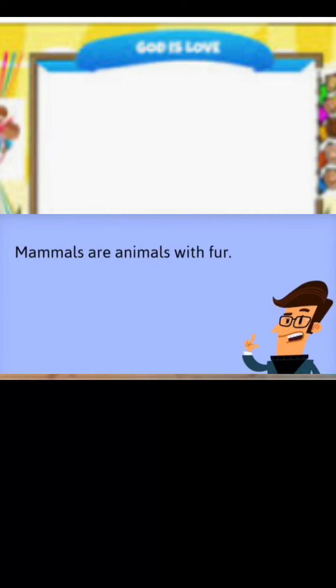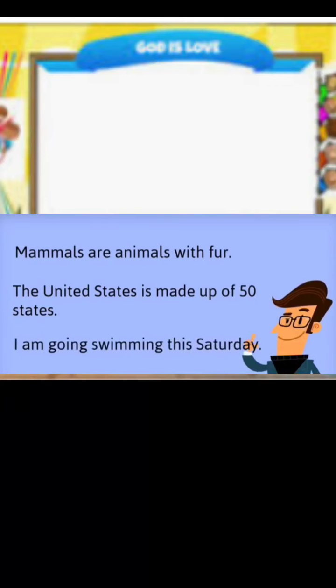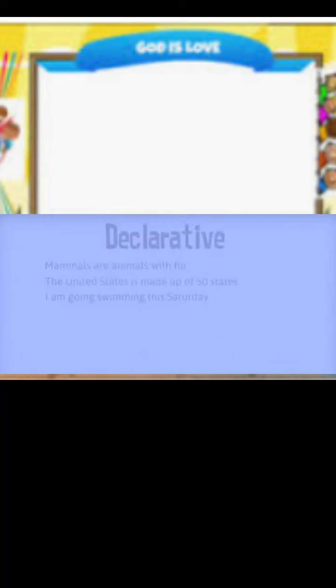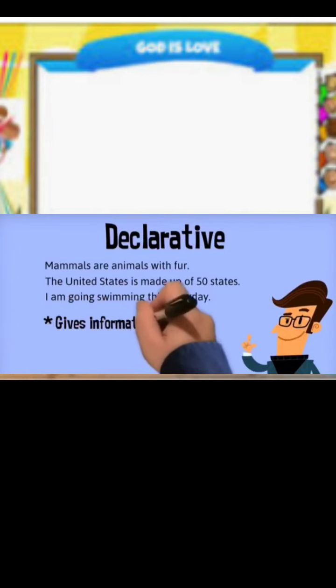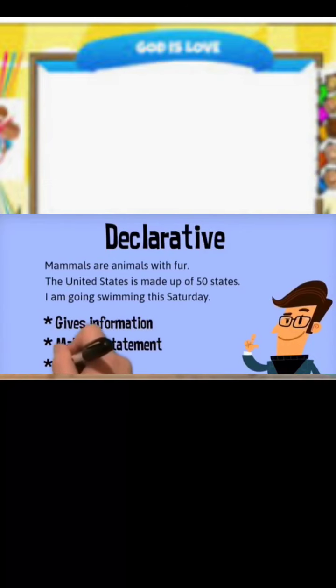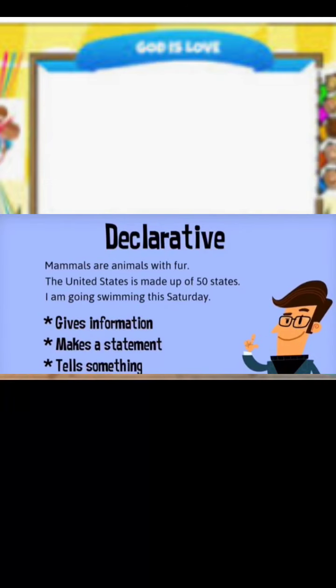Mammals are animals with fur. The United States is made up of 50 states. I am going swimming this Saturday. Each of these declarative sentences gives us information or tells us something. Declarative sentences always end in a period.